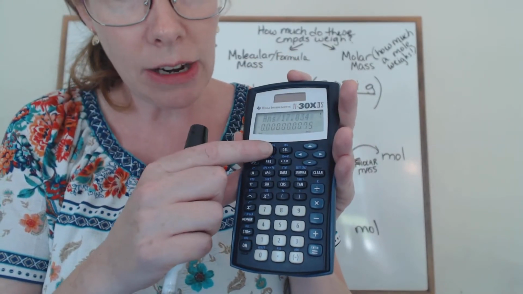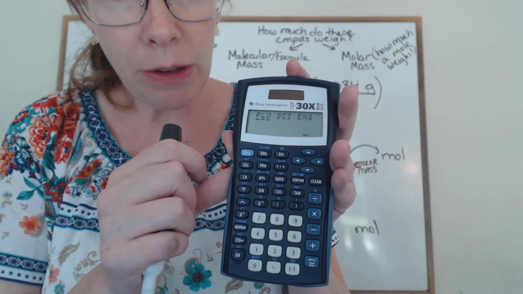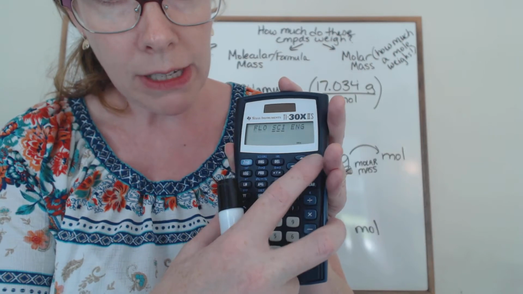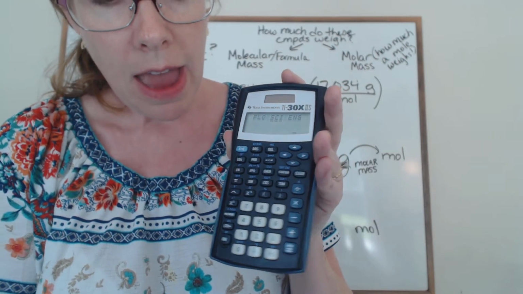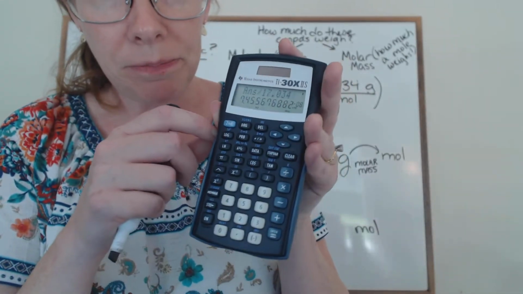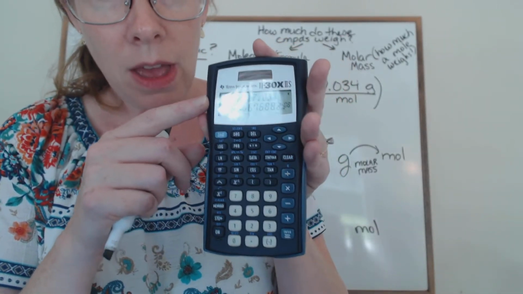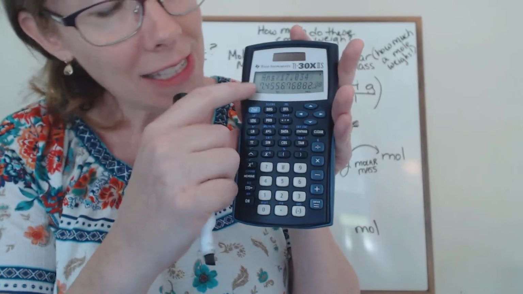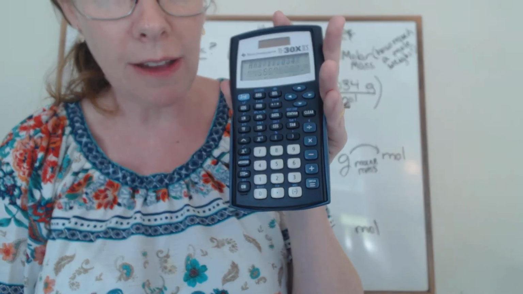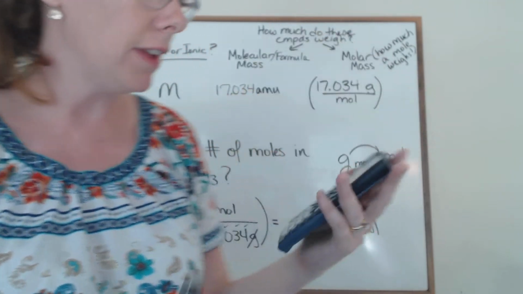If you press second DRG, you're going to see flo, sci, eng. Move the arrow right here over to sci and press enter, and that's going to put your answer into scientific notation. Check that out. Isn't that cool? Not only will you get your 3 sig figs back, but it will tell you the scientific notation so you don't have to think about it if you're getting confused.